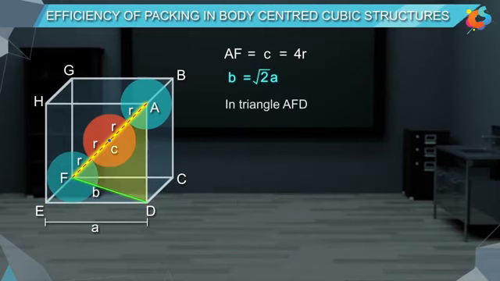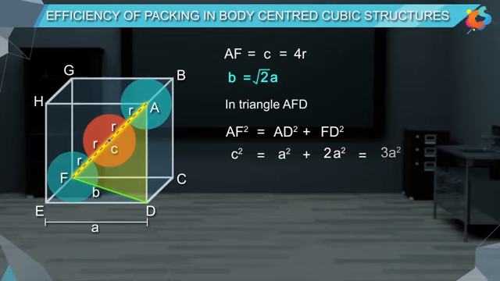Now, in triangle AFD, AF² is equal to AD² plus FD². c² is equal to a² plus b². c² is equal to a² plus 2a², which is equal to 3a². c is equal to √3 a.